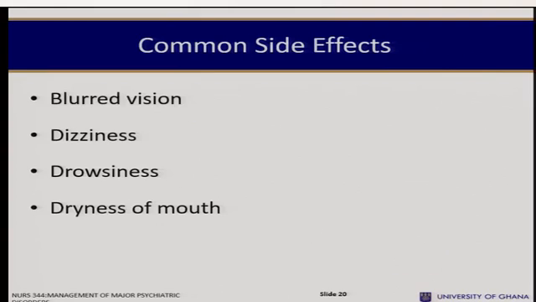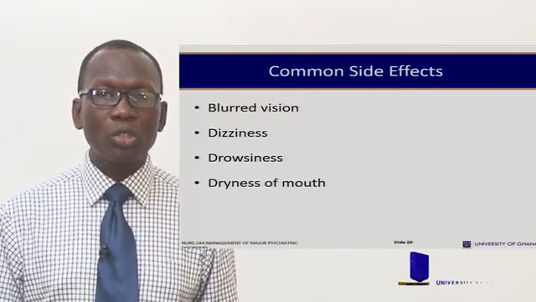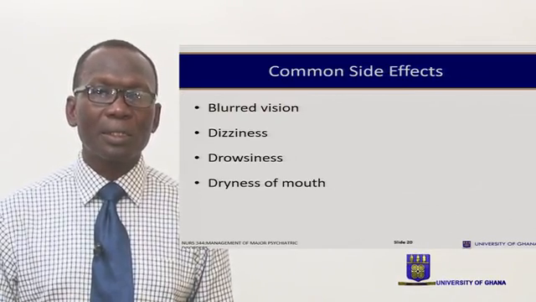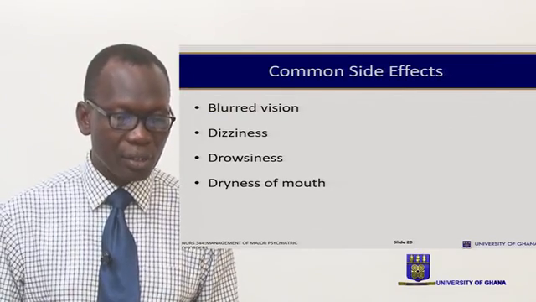Nonetheless, they also have their common side effects, for example, blurring of vision, dizziness, drowsiness, and even dryness of mouth. So how do you manage them? We have seen how to manage these extrapyramidal side effects in our other presentation.